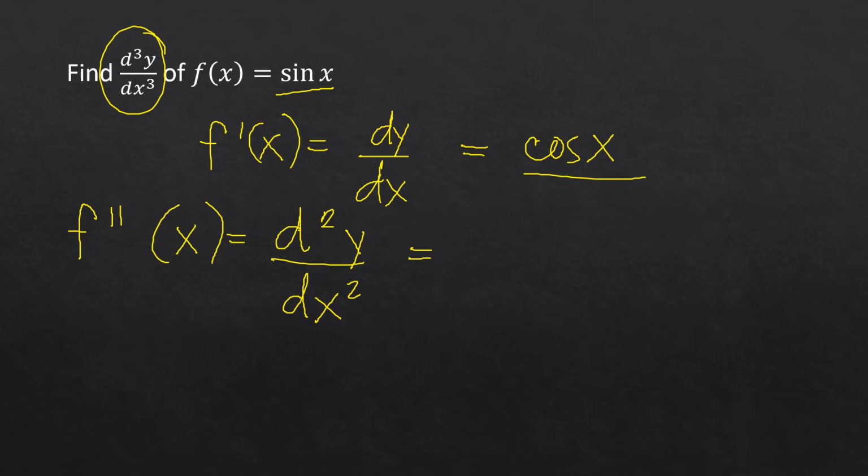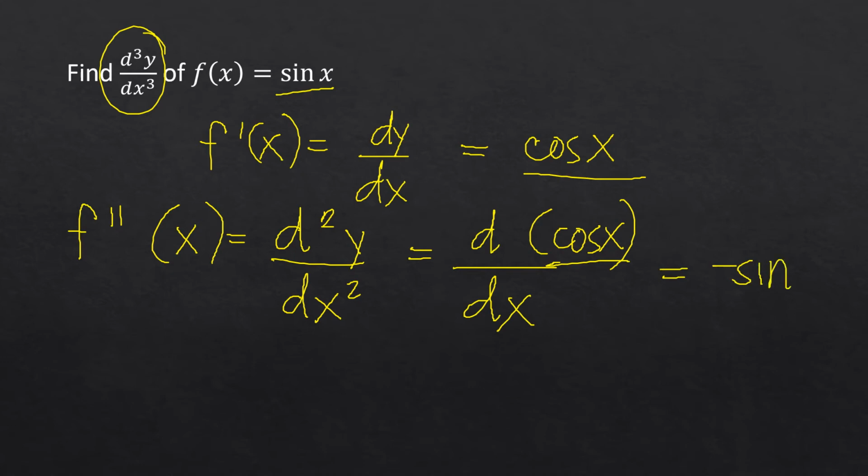If we differentiate cosine x with respect to x, it will give us negative sine x. You might as well question me why do I use this one? Kasi ulitin ko, ang derivative ng first derivative ay bibigay niya tayo ng second derivative. Kaya napansin nyo, hindi ako naglagay ng square dito kasi we're now using the first derivative and differentiating first derivative will give us the second derivative.